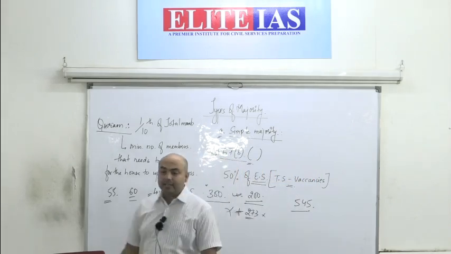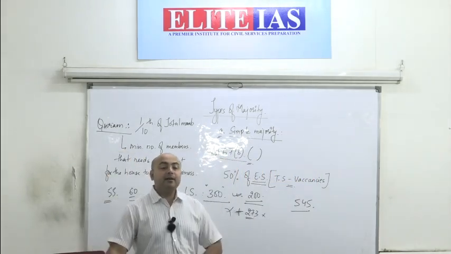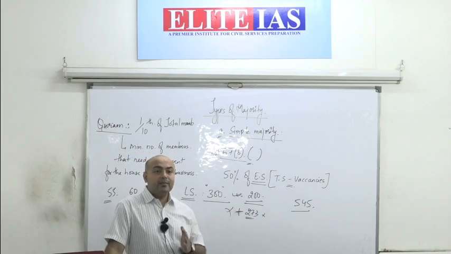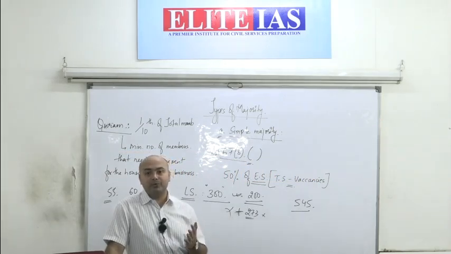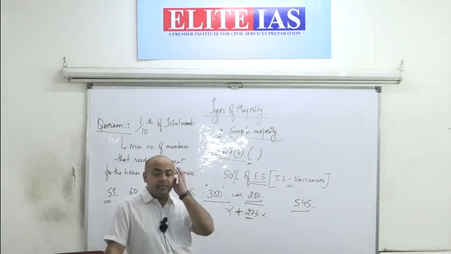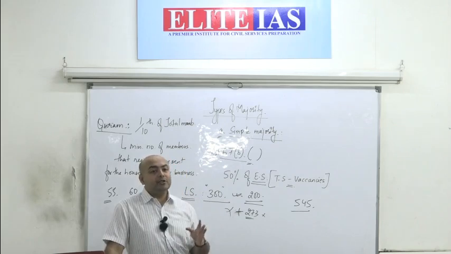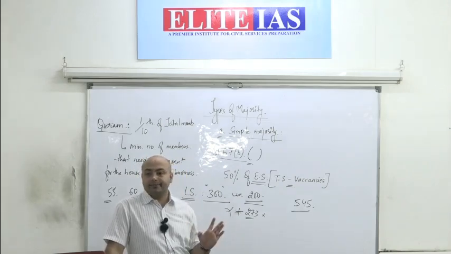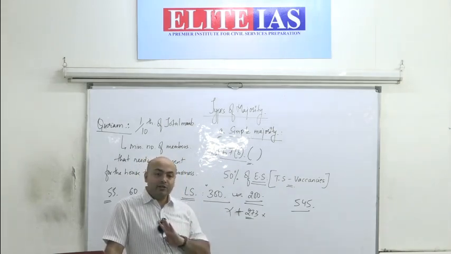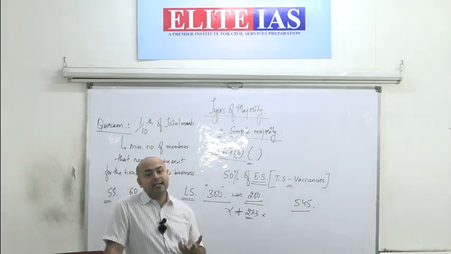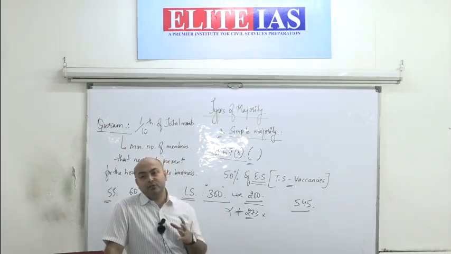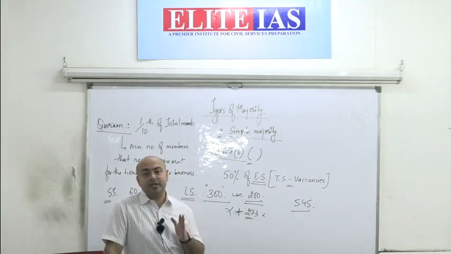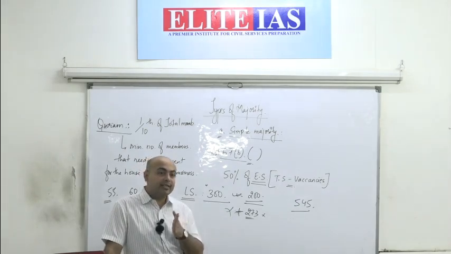What does this mean? As I said, in some states in India we also have an upper house, that is Legislative Council. But Legislative Council is not present in all states. How are Legislative Councils created? The procedure to create Legislative Council is mentioned under Article 169.